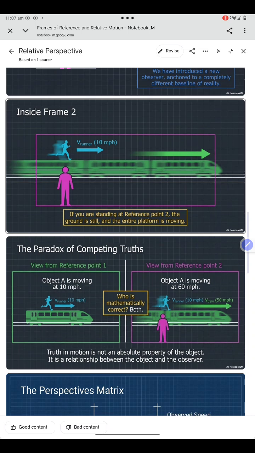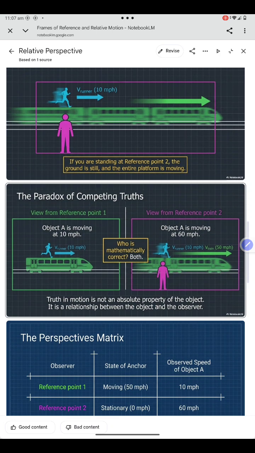So how would you conclude that these equations are mathematically correct? Both statements are correct because we are changing the reference point, changing the fixed point, so the definition of the total speed also changes.